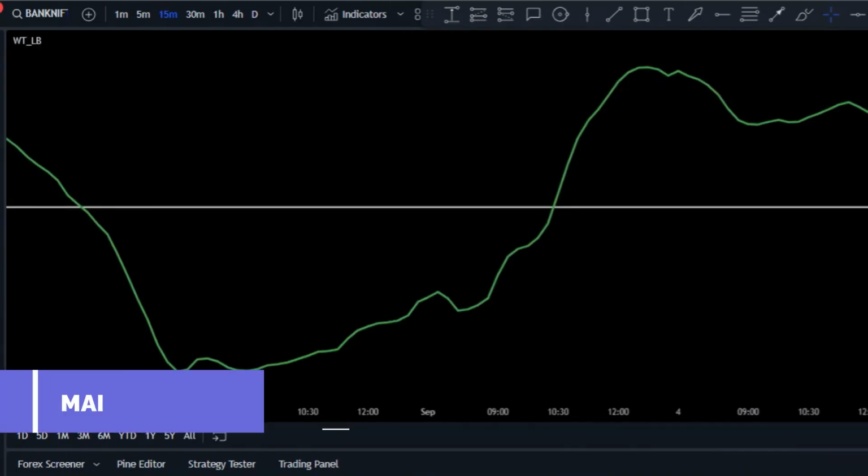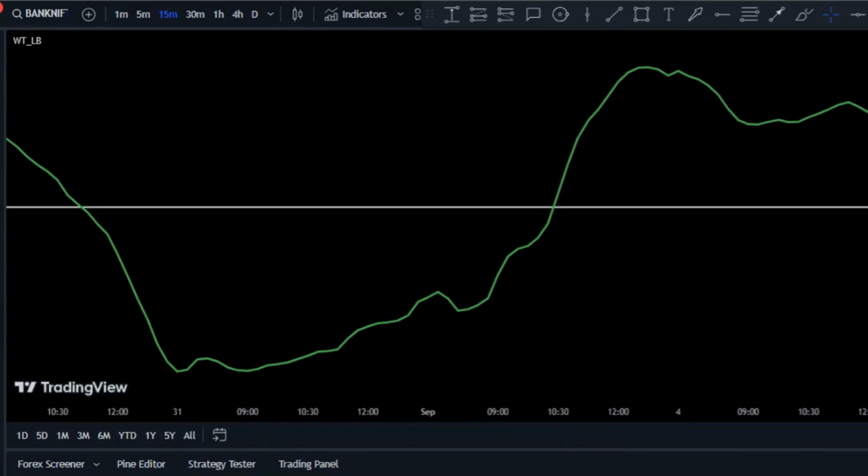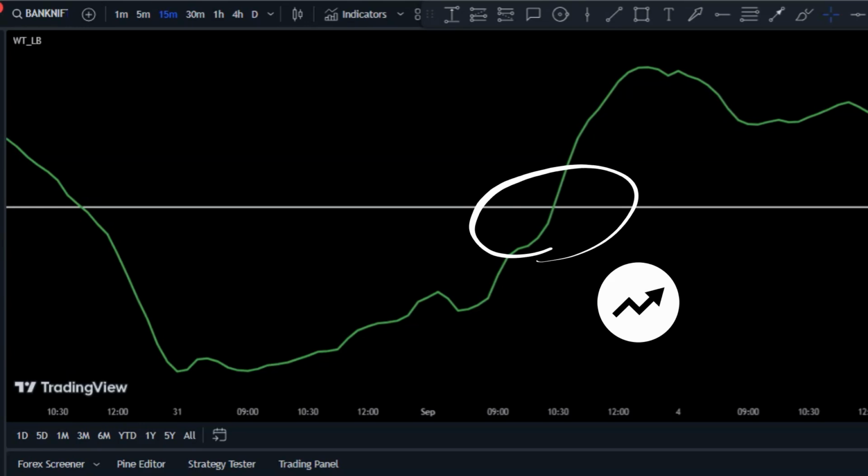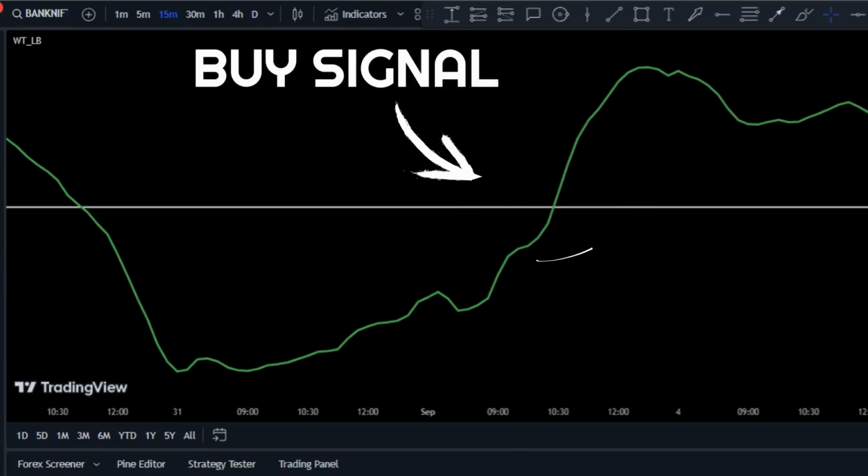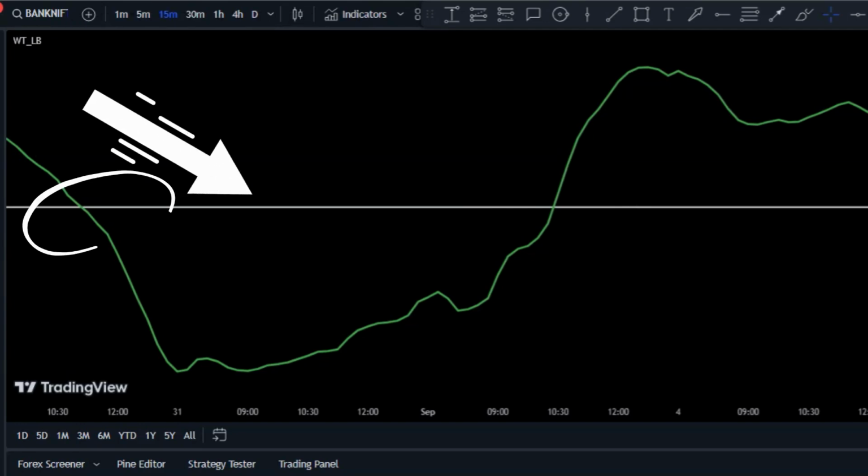This oscillator acts as our main signal generator. Here's how it rolls. When the green line crosses the white zero line upward, it's a buy signal. And when the green line crosses the white zero line downward, it's a sell signal.